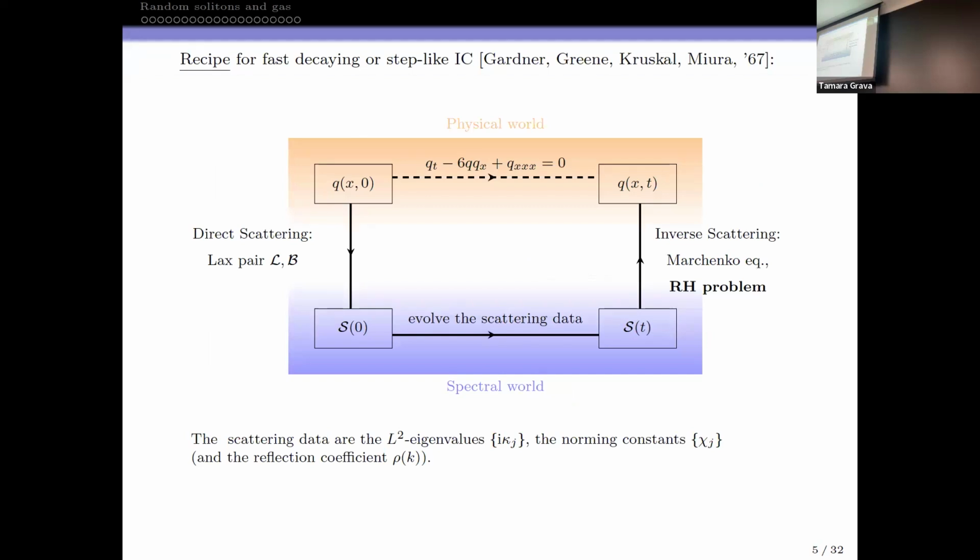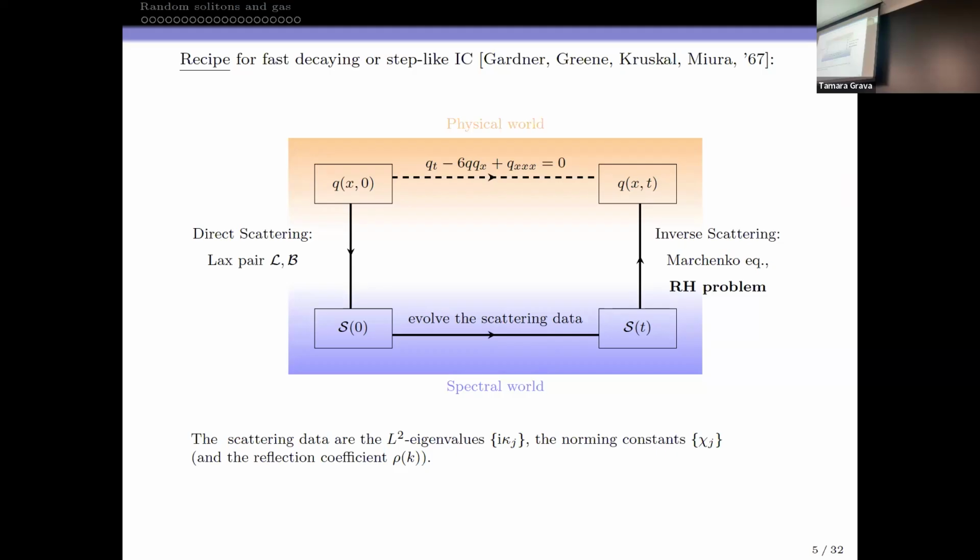So the idea to solve it is you take your initial data, and you go to this linear space, also called the nonlinear Fourier transform. You map your initial data into a new set of variables, which are called scattering variables. You know them at time 0, and the game here is that the evolution in this set of variables is linear, so it's easy to evolve them, and then you do inverse scattering, and you come back to your solution at time t.